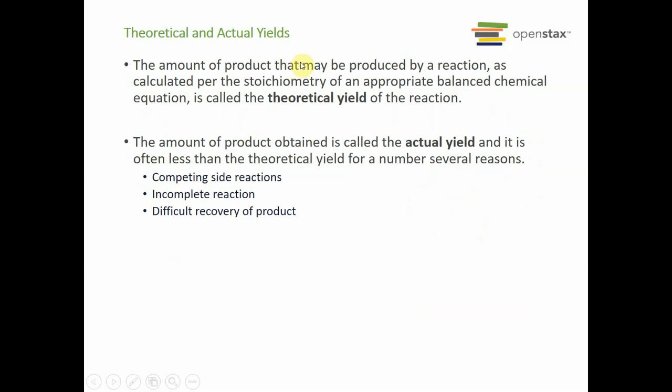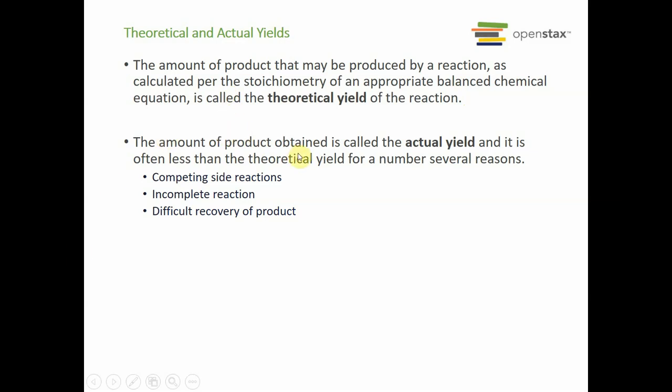The amount of product that may be produced by a reaction as calculated per the stoichiometry of an appropriate balanced chemical equation is called the theoretical yield of the reaction. So in the reaction we just looked at, its theoretical yield is 4 hydrochloric acids because that's consistent with what the limiting reagent would produce.